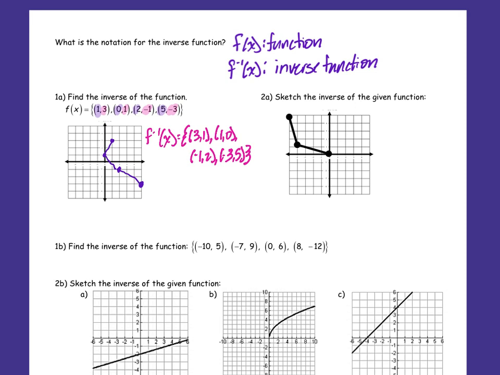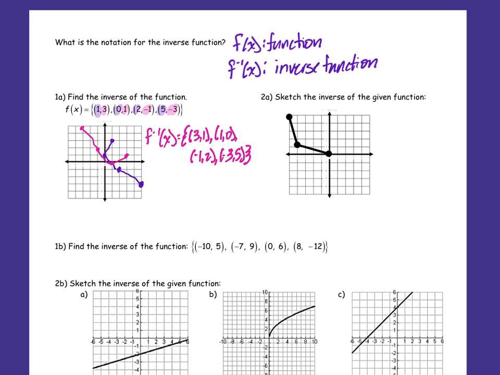Then if I graph the inverse, it'd be (3, 1), (1, 0) here, (-1, 2), and (-3, 5) there. So there's the inverse of it graphically.